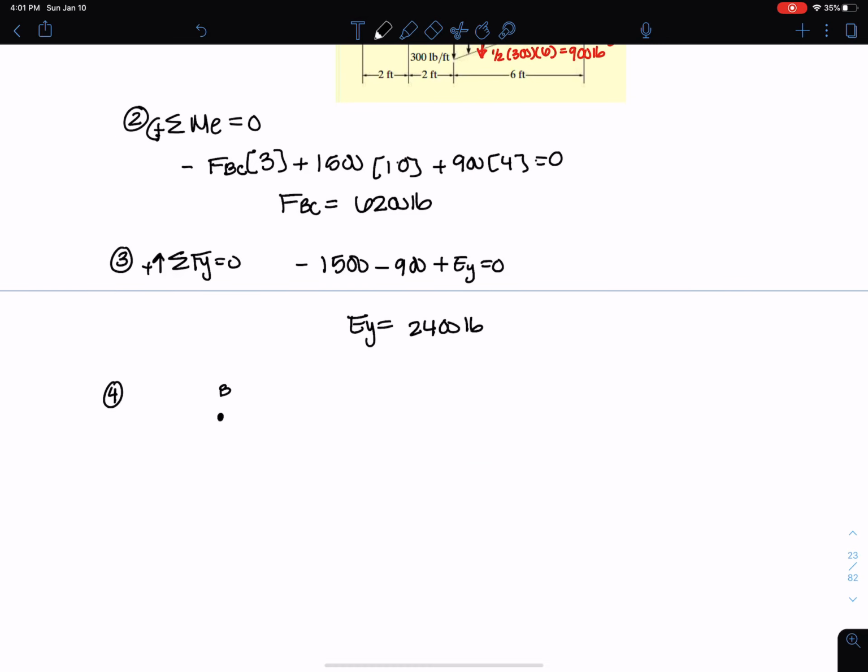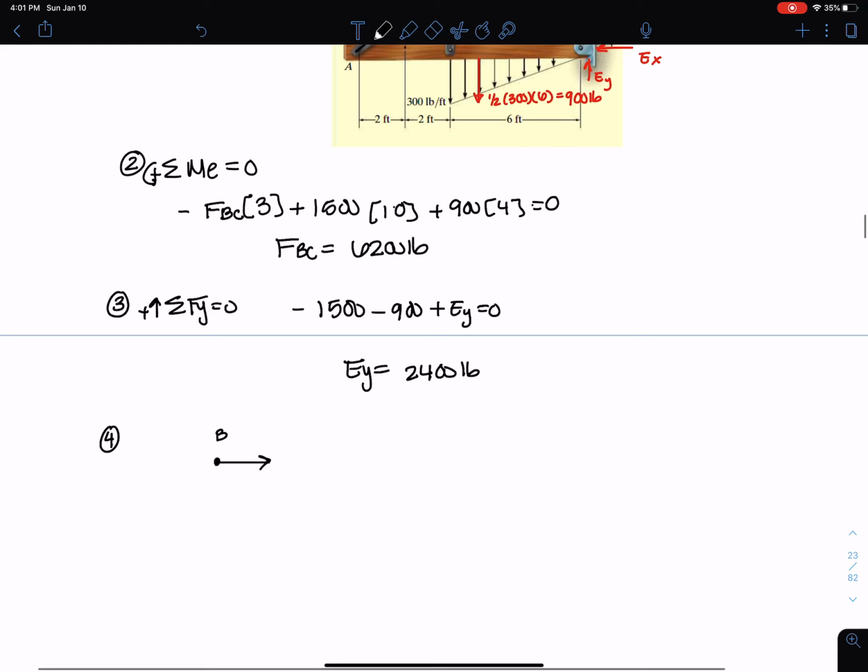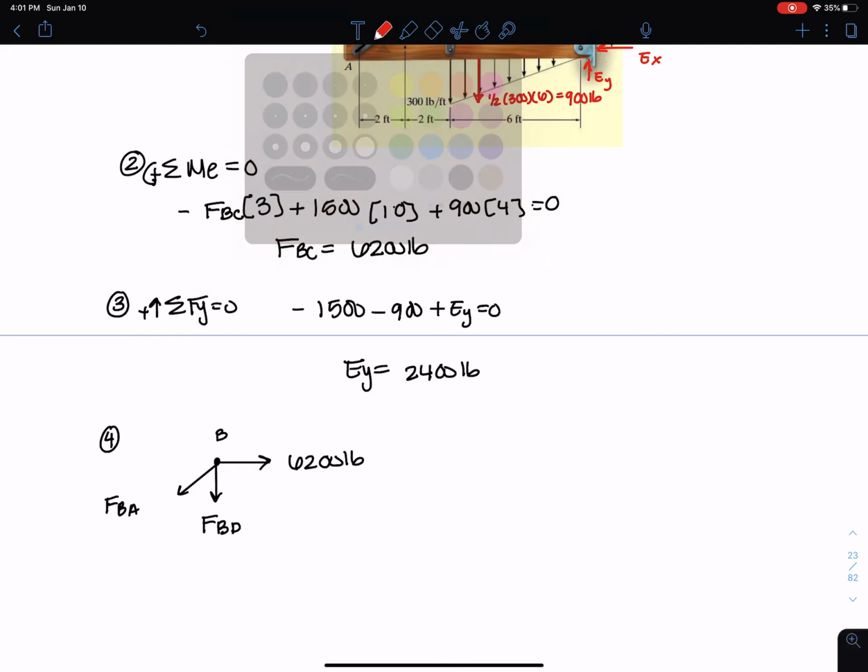So if this is point B, I have FBC already solved for as 6,200 pounds. I don't know what FBD is, and I don't know what FBA is, right? I know this is a 3, 4, 5 triangle.